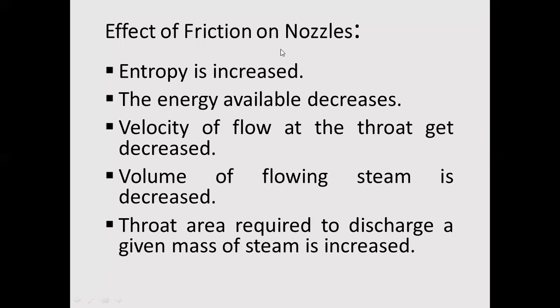Friction on nozzles will decrease the volume of flowing steam. Friction on nozzles increases the throat area required to discharge a given mass of steam, as the mass of steam is constant throughout the section of the nozzle.